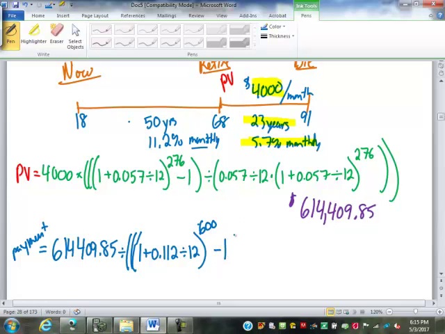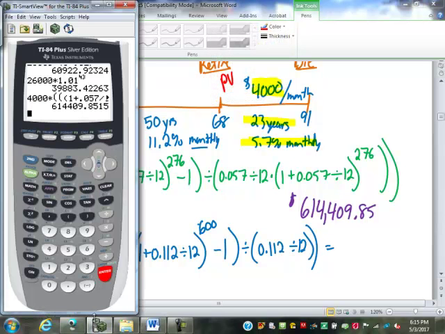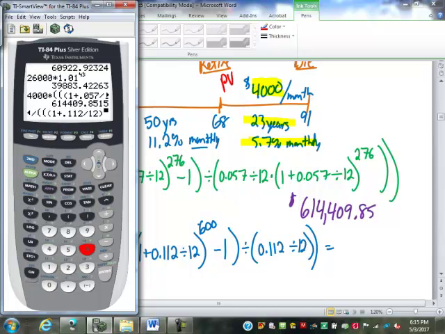Yep. Minus 1 and close, and then what? Divided by open parentheses 0.112 divided by 12, and then we close them up. When we're paying in, we don't have the extra term. So we've got that divided by 1, 2, 3. 1 plus 0.112 divided by 12. Close power 600. Now I'm just going to warn you, this is going to be very shocking just because of the 600 payments.